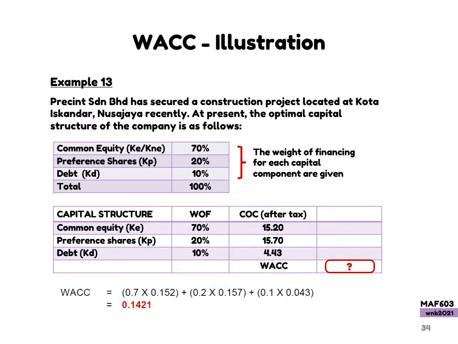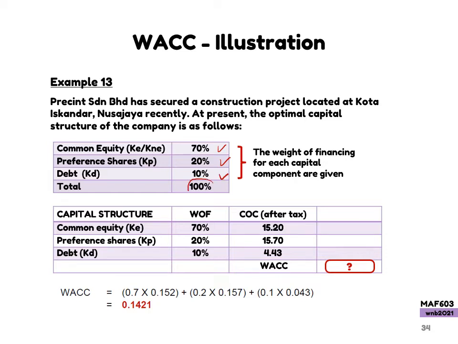Another illustration for determination of WACC. Here we have example 13. Precinct Sdn Bhd has secured a construction project located at Kota Iskandar. At present, the optimal capital structure of the company is as follows. Given here is the weight of financing for each capital component. 70% is from common equity, 20% is from PS, preference share, and another 10% is financed using debt.